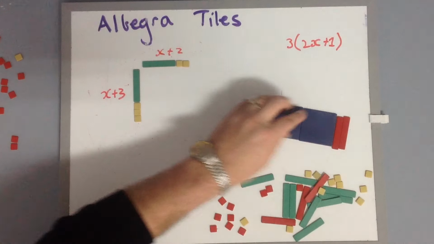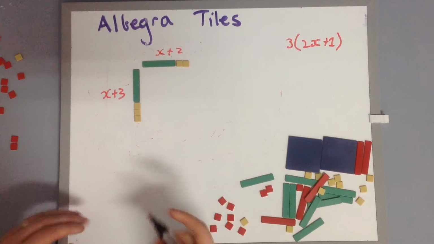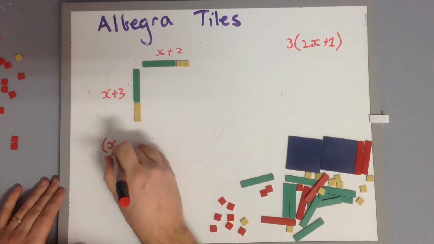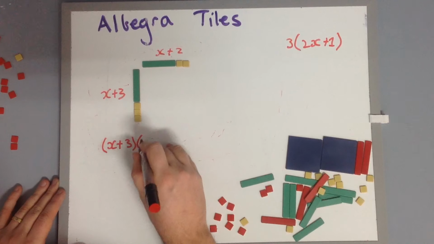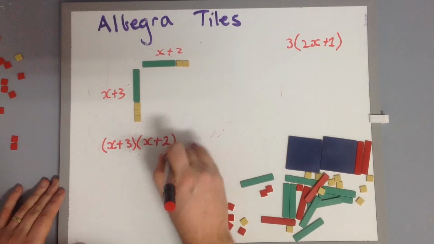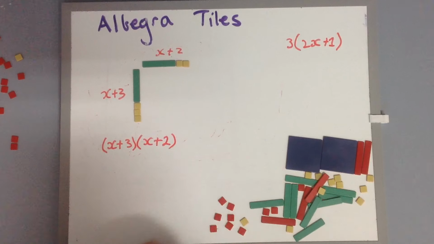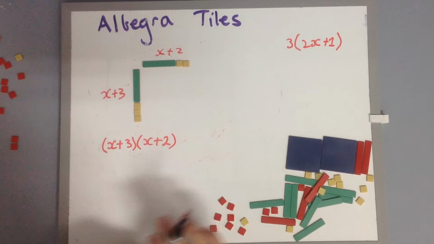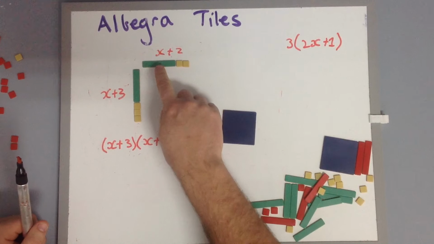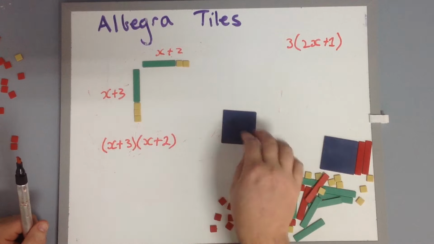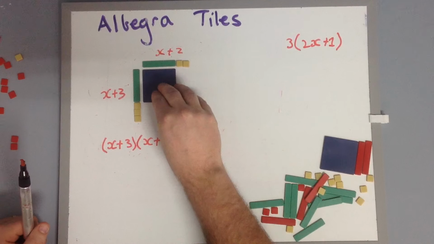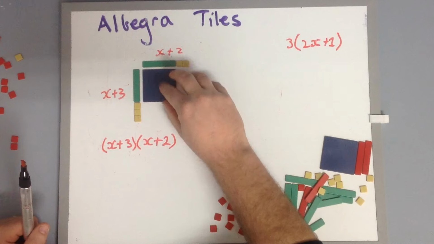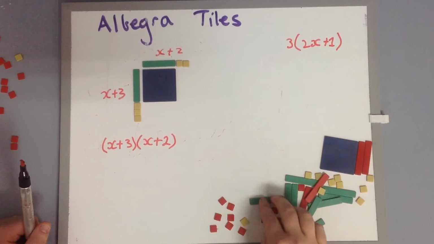So this is quite a bit different, because if we were multiplying these, we've got x plus 3 and x plus 2, and we need to see what's going to happen. We're still multiplying these two sides together. We've got a positive x by a positive x, so that fits in both ways and we've got our positive x squared.